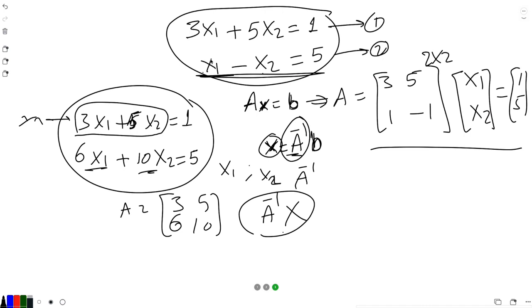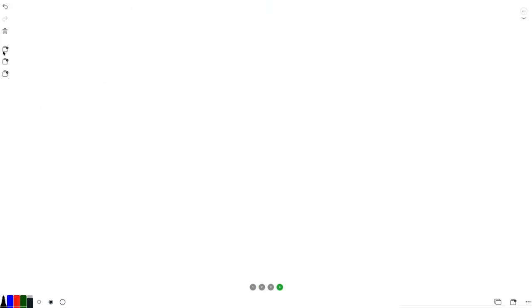And now let us talk about another very important topic in linear algebra, the determinant of matrices. What is the determinant of a matrix? If you have any matrix A, the determinant of matrix A is usually represented as determinant of A. Usually it gives a single scalar.